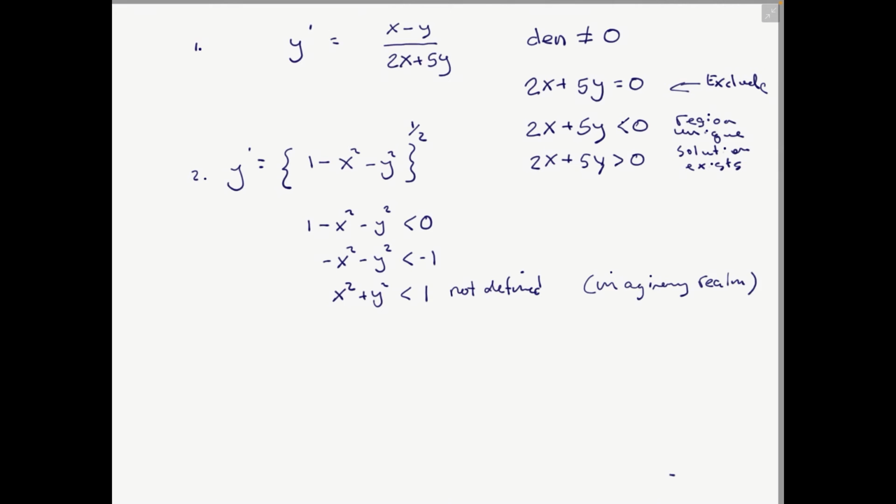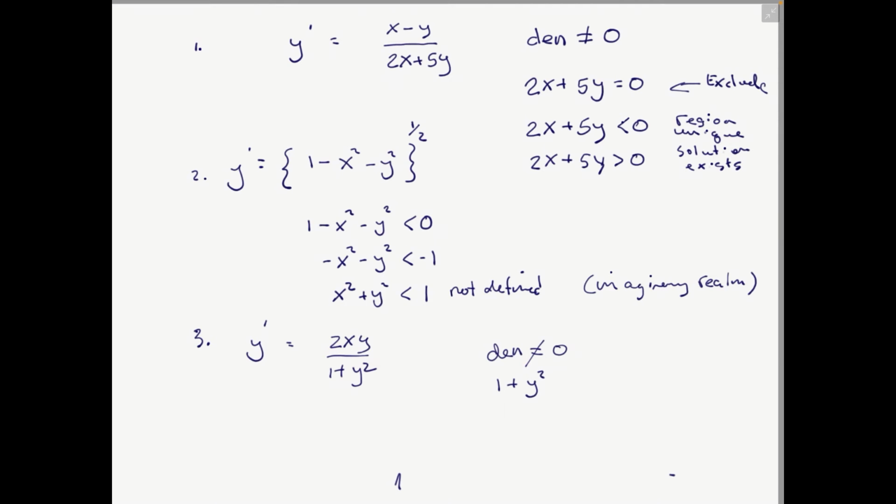The next problem they gave us is 3, where we have y prime is equal to 2xy over 1 plus y squared. Well, we can't have the denominator equal to 0. But in this case, the denominator is never 0.